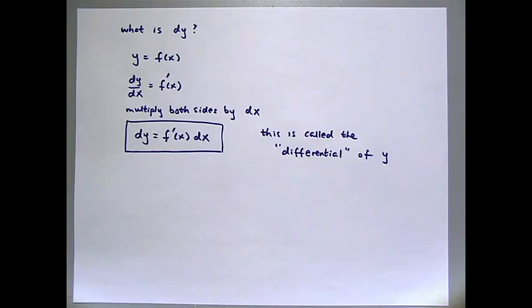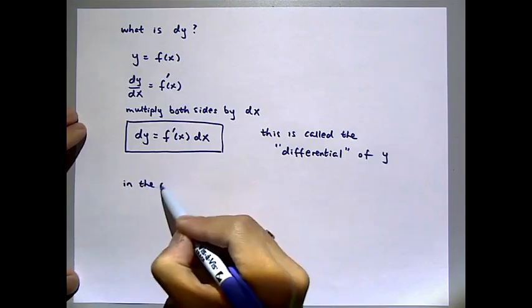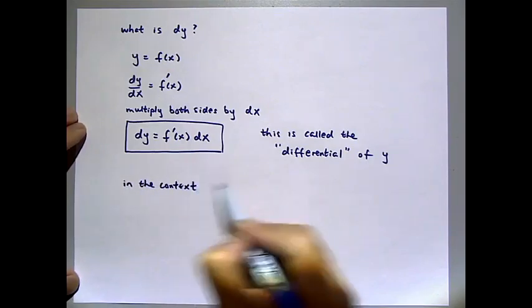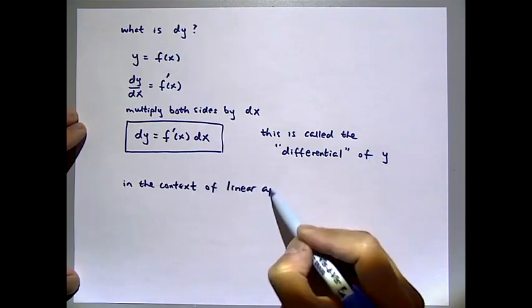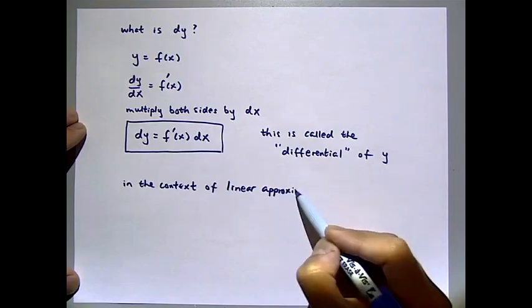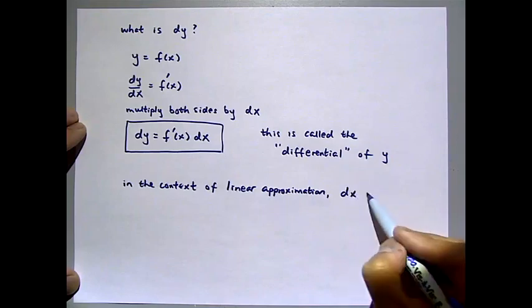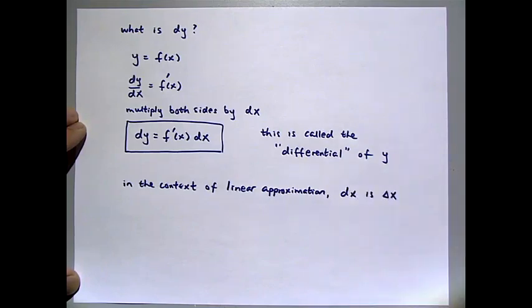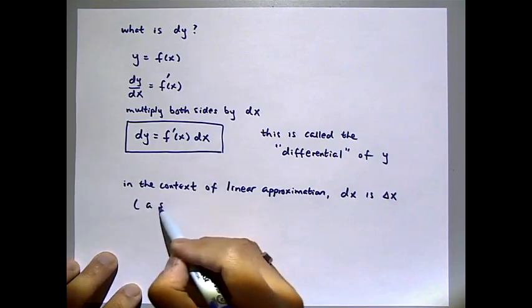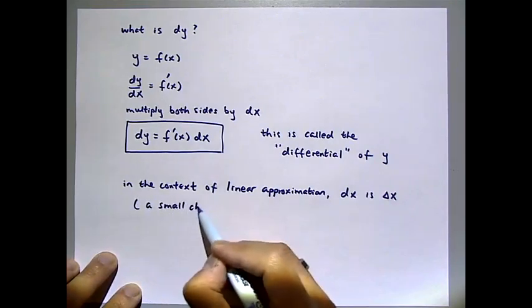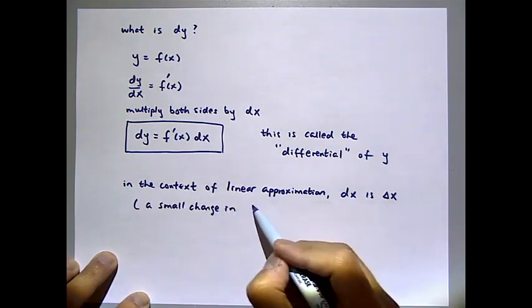In our problem here, in the context of linear approximation, dx is delta x, which is a small change in x.